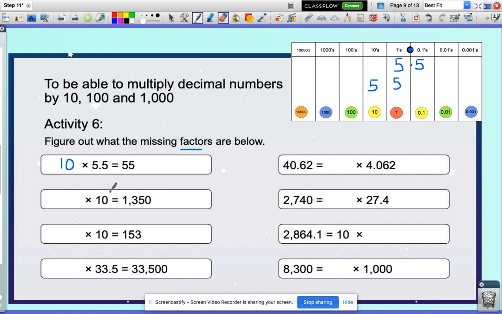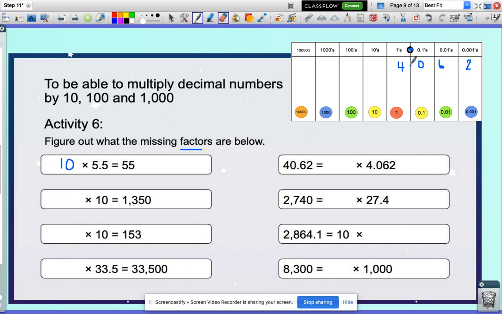Okay, let's look at this one. 40.62 equals something multiplied by 4.062. So we've got 40.62 and 4.062 is multiplied by something. So let's put 4.062 here.